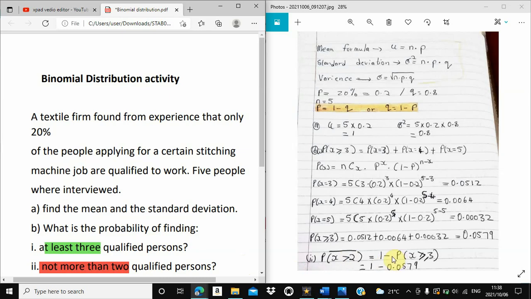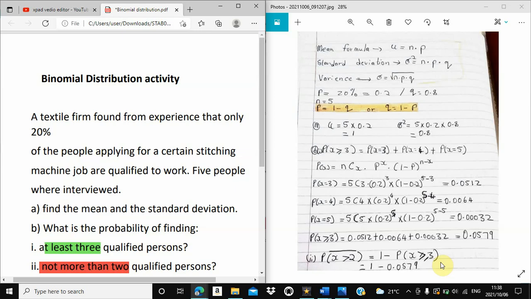Then our probability of x is greater than or equal to 3 was 0.0579. That's why here we said 1 minus 0.0579. When we subtract it, let me calculate it here. 1 minus 0.0579.